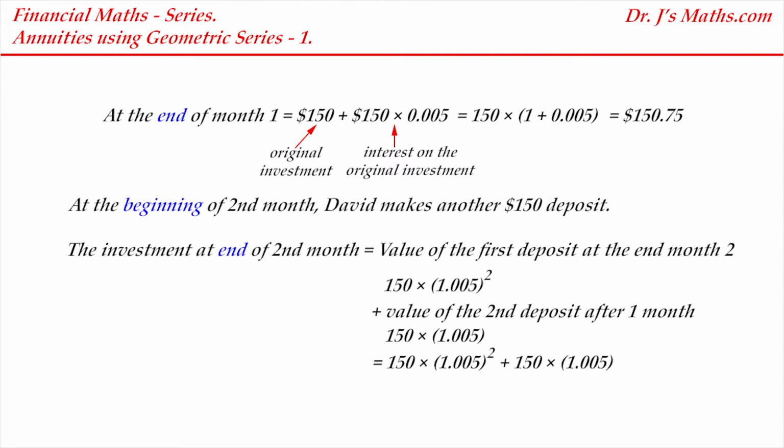So we add those two things together and we notice that there's a 1.005 in both, so we'll factorise out that term to give 150 times 1.005 plus 150, all times 1.005. So we're getting some sort of nice summary going on.